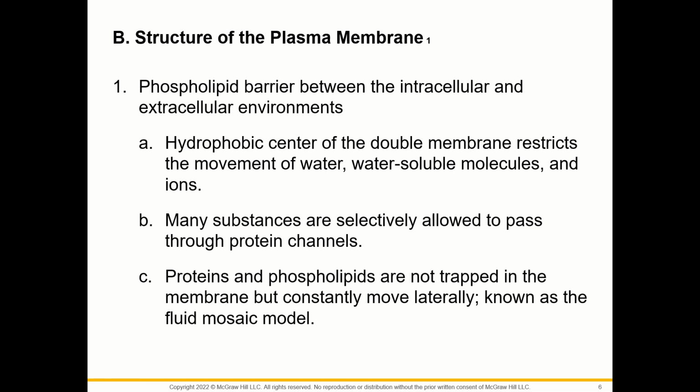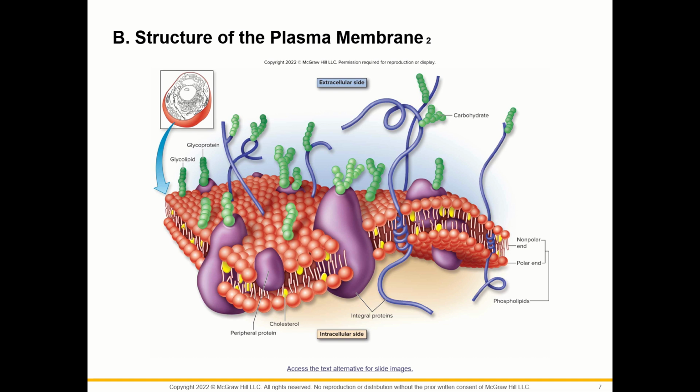Many substances are thus selectively allowed to pass through protein channels, and proteins and phospholipids are not trapped in the membrane, but they constantly move laterally. This is known as the fluid mosaic model. Phospholipids have a slightly oily consistency, and so they are moving around. Remember, cholesterol helps to stabilize the cell membrane because of that oily viscosity.